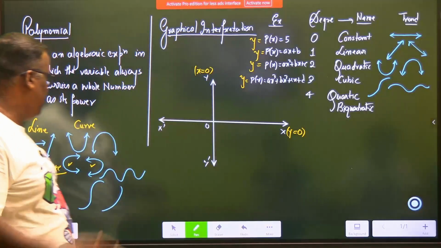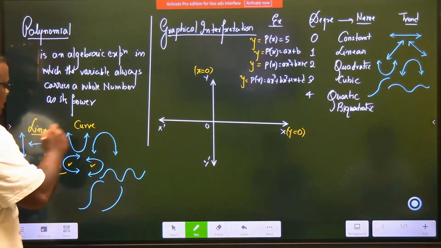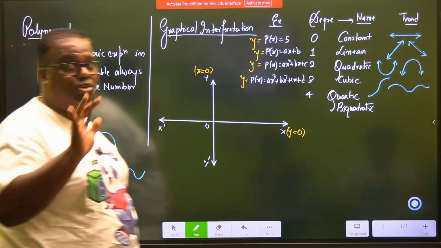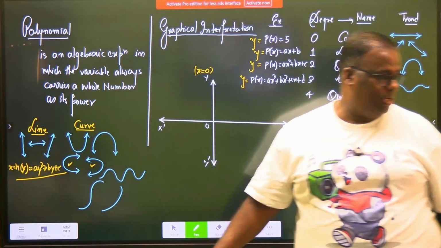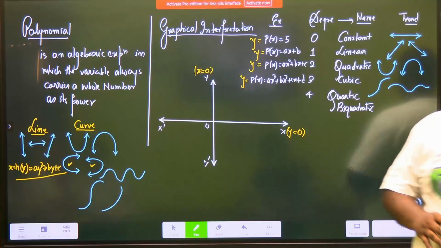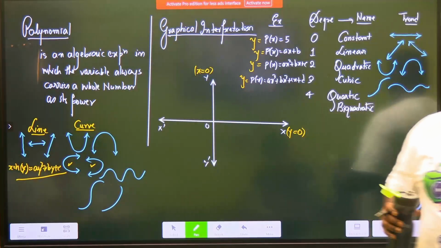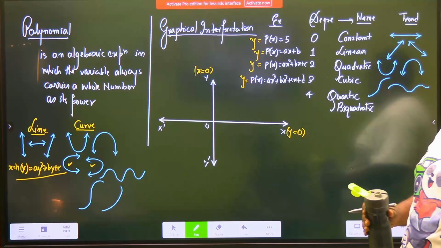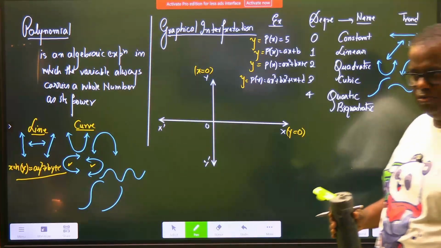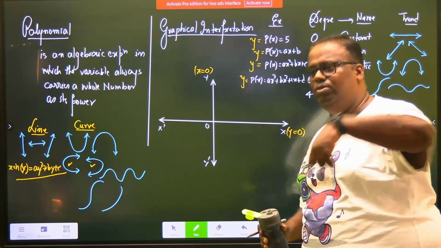Okay. Anyone who has not understood anything till now, you're free to ask, because your conceptual clarity is very much required to solve problems in this chapter. Anyone, any questions so far? So far we have discussed grade 9 topics: what is a polynomial, what are the names of polynomials, what is the degree of a polynomial. We have not discussed what is zero of a polynomial, though you have studied it in grade 9, we will touch that.